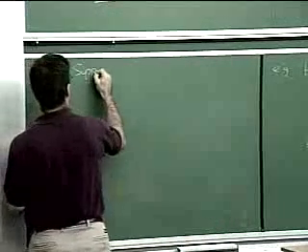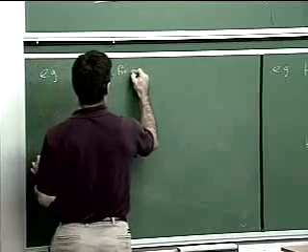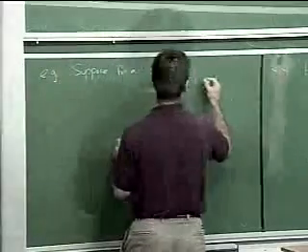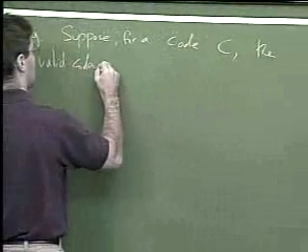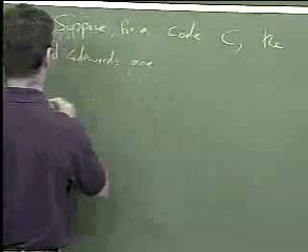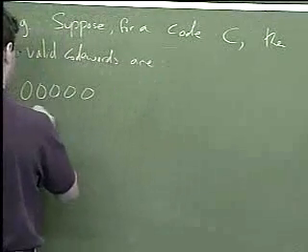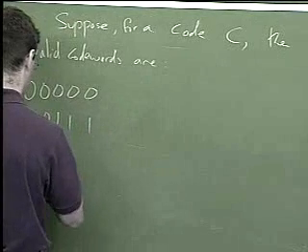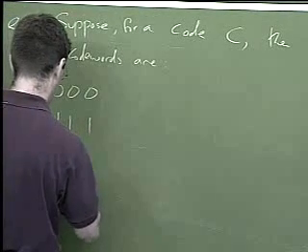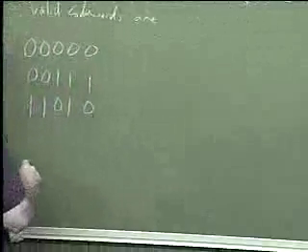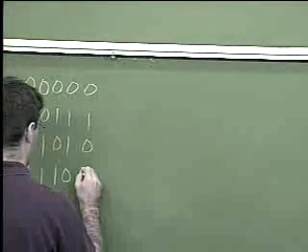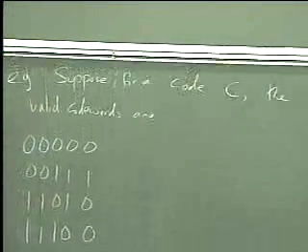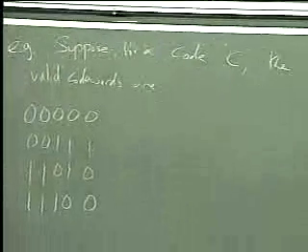So for instance, suppose for code C, the valid code words are 00000... Suppose those are my valid code words for the code.